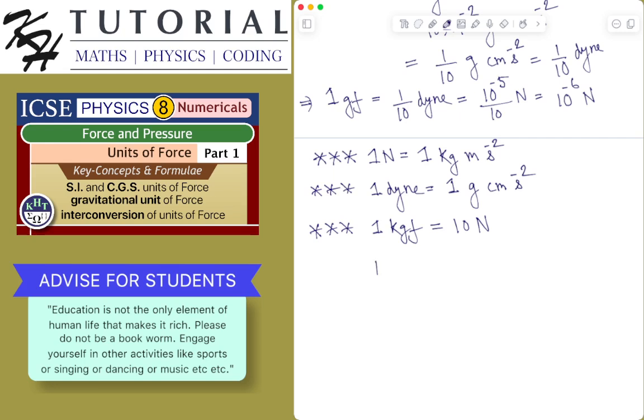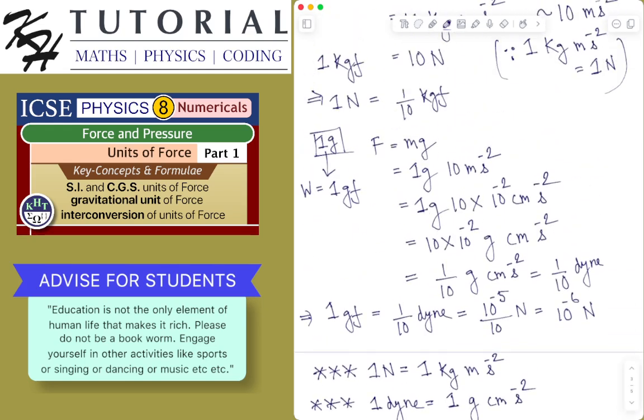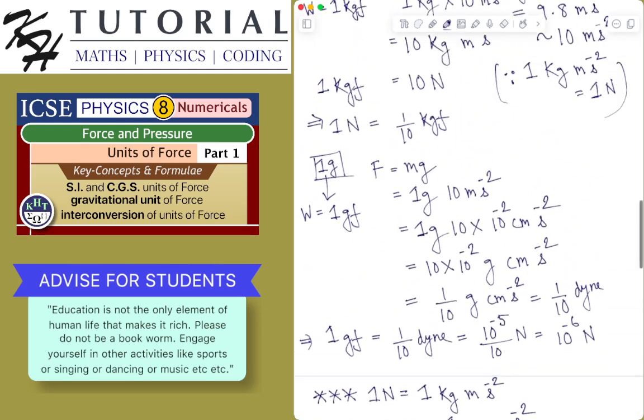So as I just did, 1 gram force is equal to 10 to the power minus 6 Newton. These are the most important formulas of conversion of units of force.